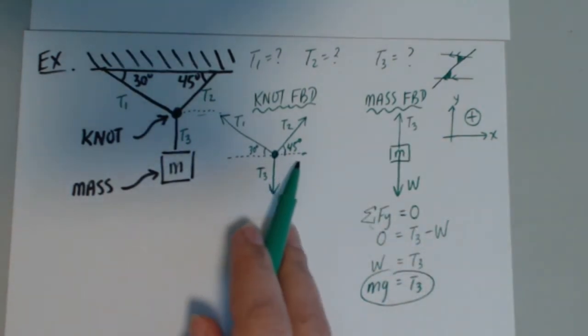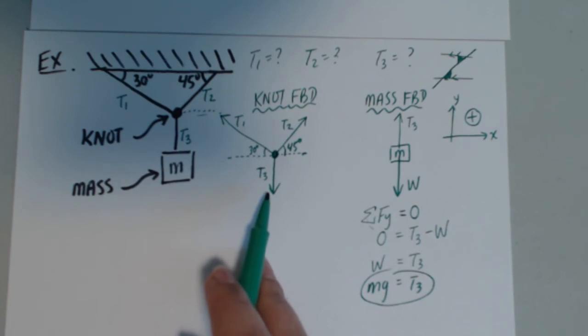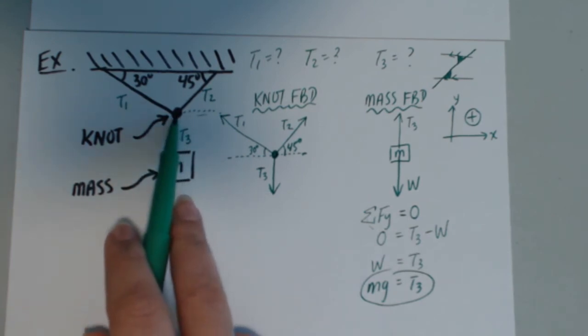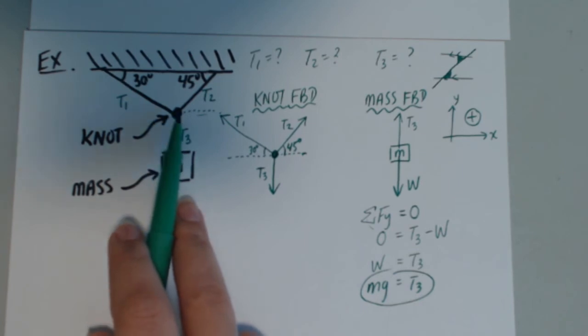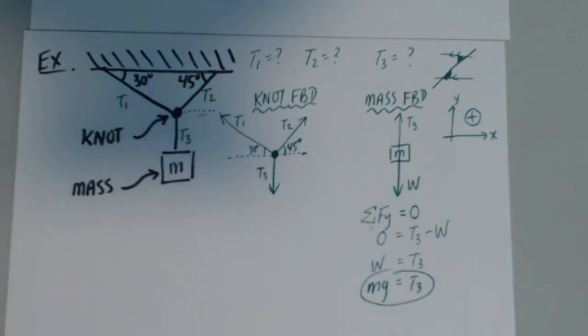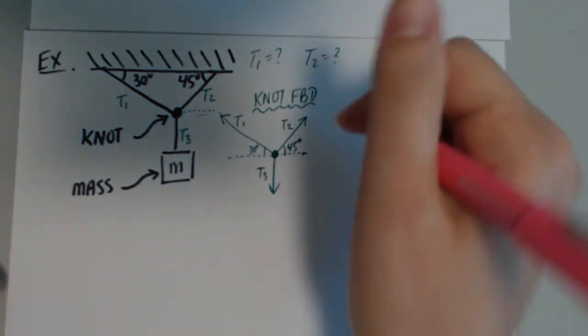Now for the knot, we have forces going in the x direction and in the y direction. Because the knot is also not moving, it's not accelerating, it's still. That means the knot is in equilibrium. The forces in the x direction and in the y direction have to balance. Now, what I'm going to do on this picture, I'm going to break down T1 and T2 into their x and y components.